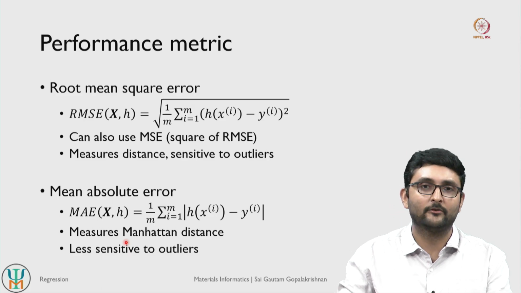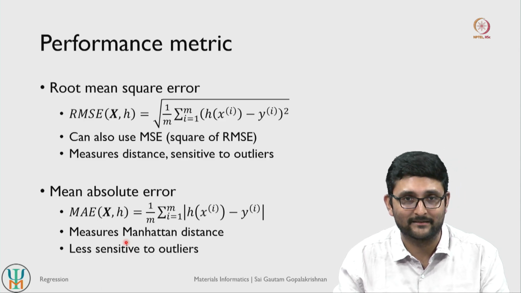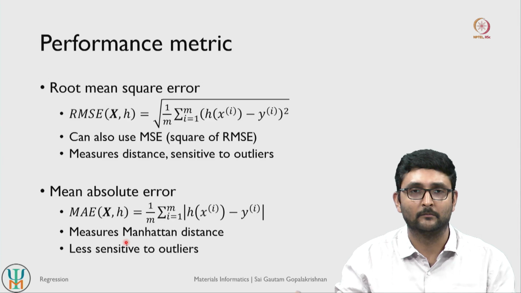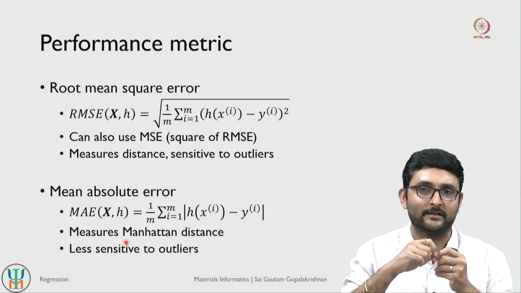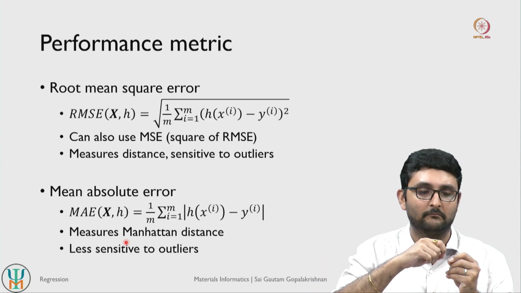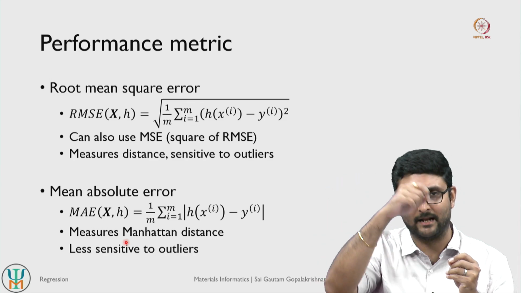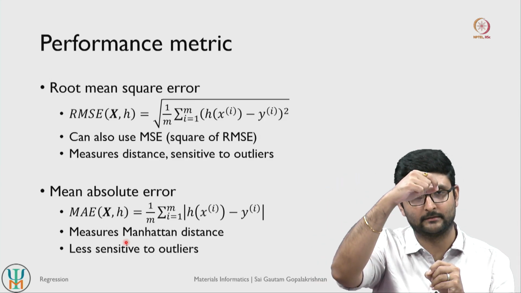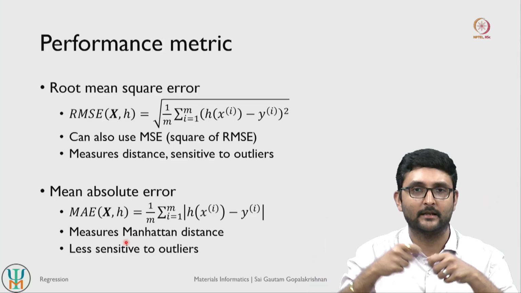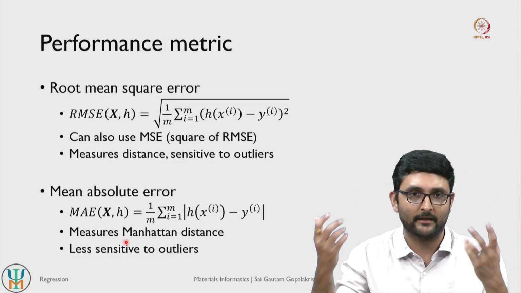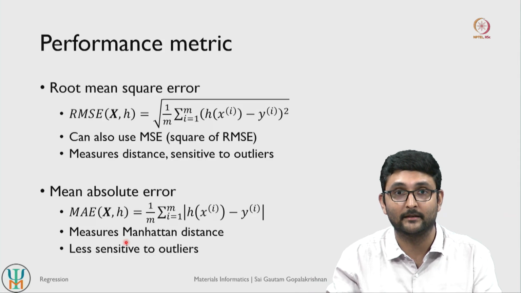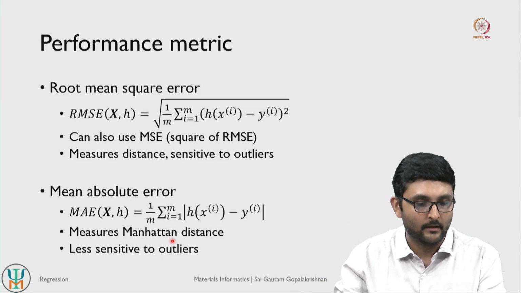So in some sense mean absolute error measures what is referred to as Manhattan distance in Cartesian space. So root mean squared error measures the linear distance, right, and mean absolute error measures the Manhattan distance. So the difference in the x coordinate and the difference in the y coordinate, and then you add them instead of taking the square and then taking the square root of it.